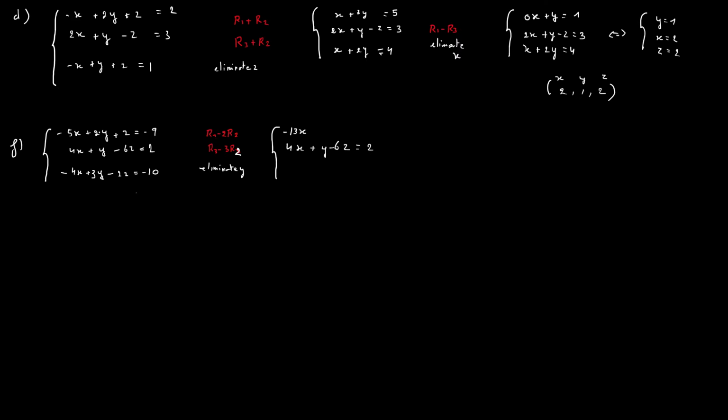Okay, y's are going to cancel each other out. Great. And then here, z plus 12z is going to give us plus 13z. And all of that is equal to minus 9 minus 4, so minus 13.